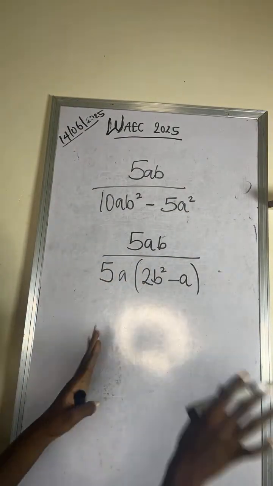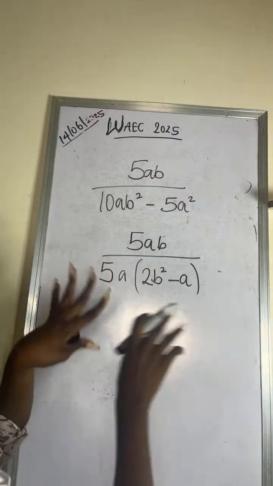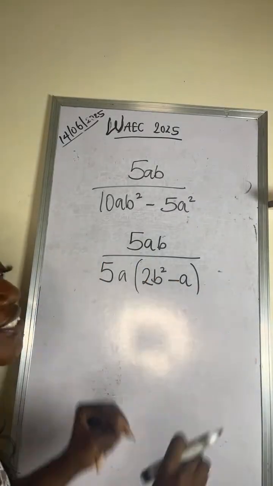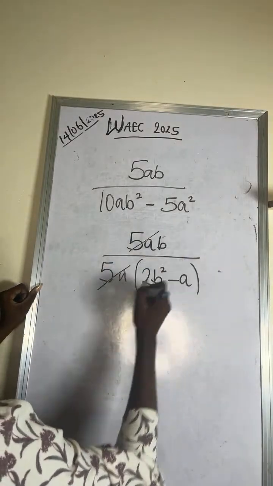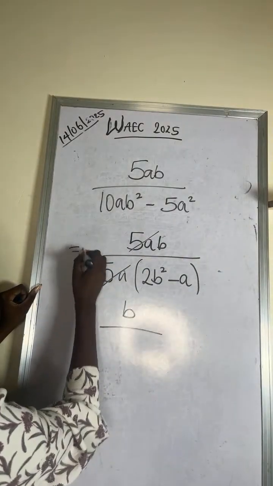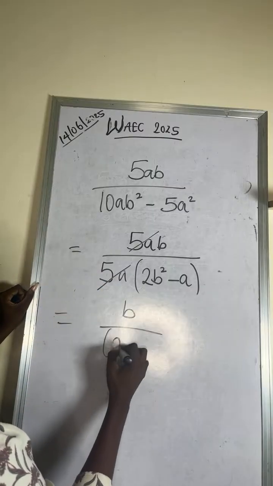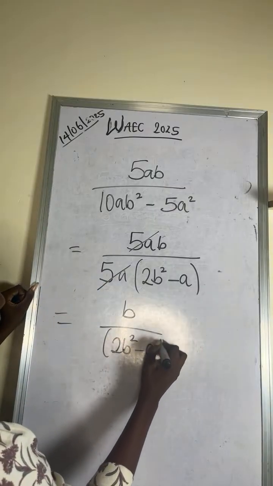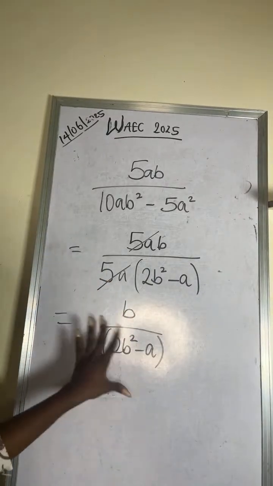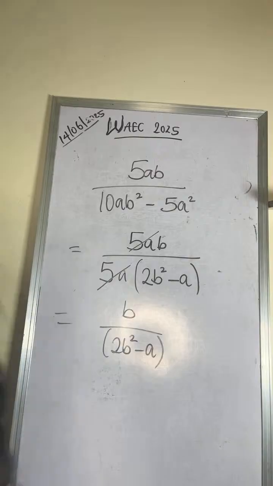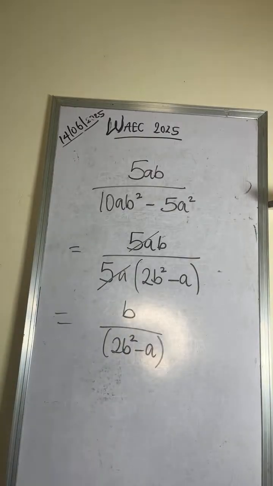They want us to simplify this, like break it down to the lowest until you can't get anything again. So 5a can cancel 5a. So you're left with just b over 2b squared minus a. So I'm thinking this is the simplest form that it can be. Who agrees? Thank you, Adeyemi.